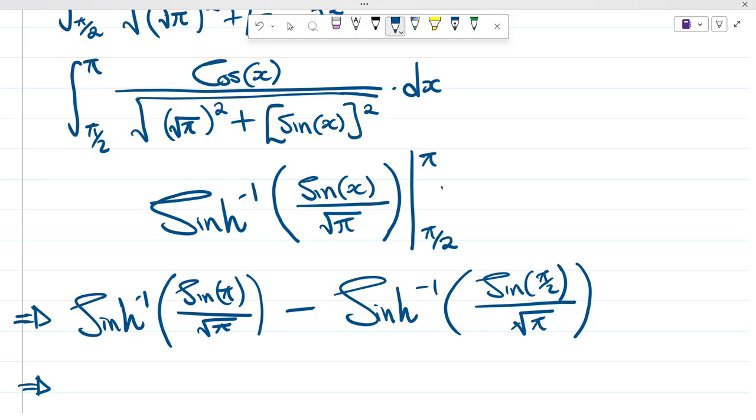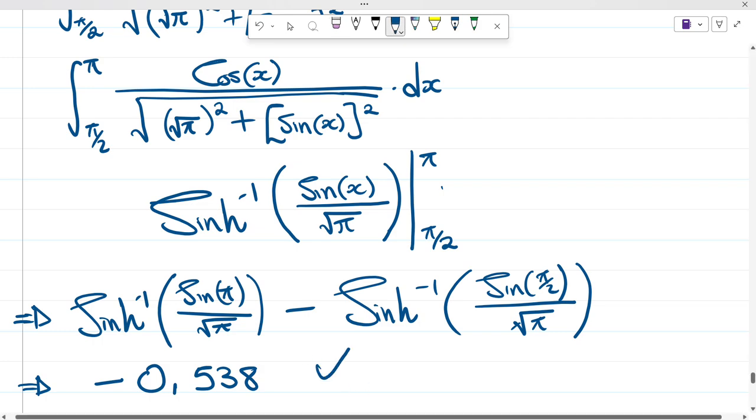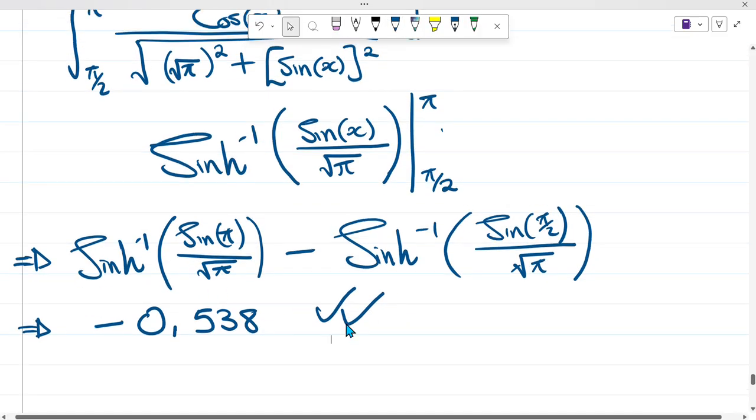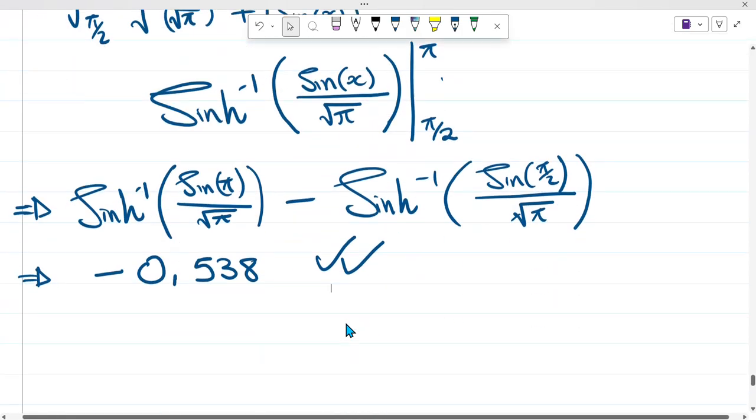And then another thing, make sure your calculator is in radians for you to be able to get the correct answer. So the correct answer for this is supposed to be negative 0.538. So you should have gotten the same thing, provided that you didn't make a mistake. So ta-da, that's the correct answer that you should have gotten. So this is the answer for that question. Make sense?